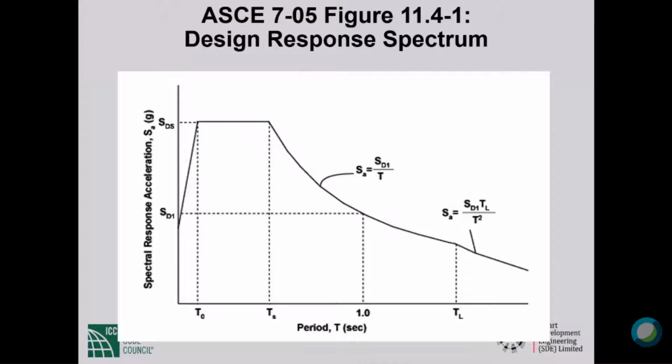The design spectrum of ASC 705 consists of a flat top, a descending branch that varies with 1 over T, and then a third branch that varies with 1 over T squared.